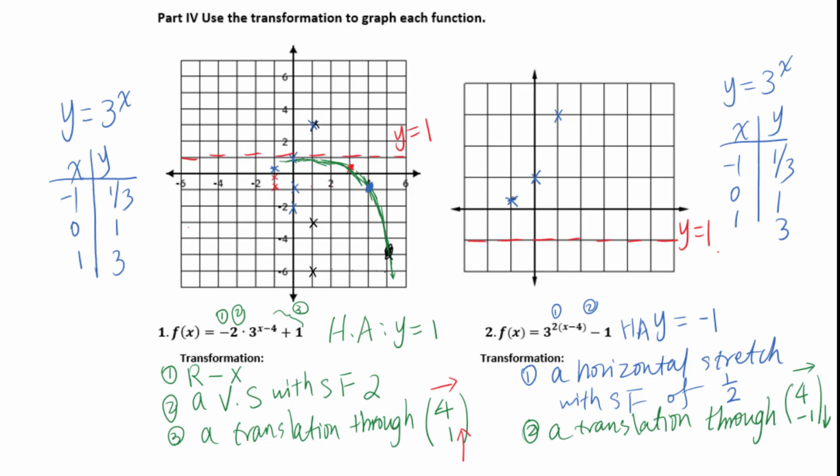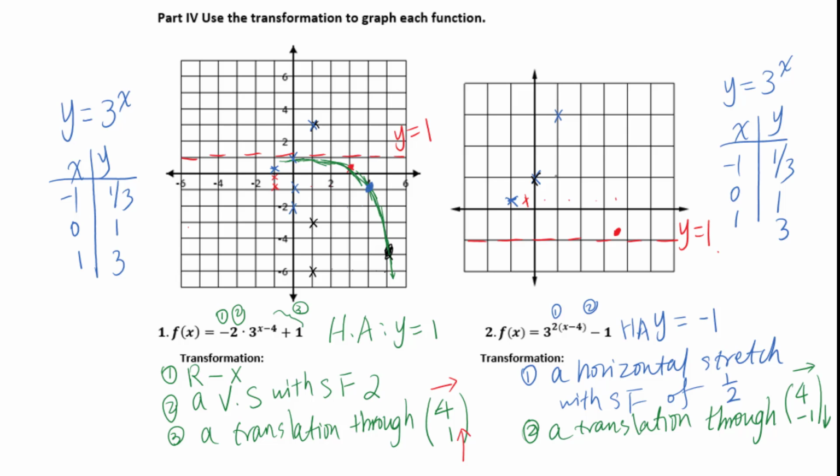Horizontal stretch with a scale factor of 1/2. The distance from the y-axis will be half. Go here. Then go to the right 4 units, 1, 2, 3, 4. Go down 1. So this is the point. For this point, horizontal stretch with a scale factor of 1/2, the distance from the y-axis is 0. So this stays.